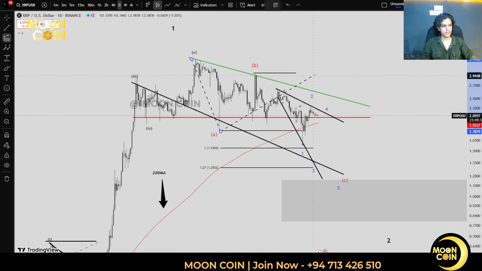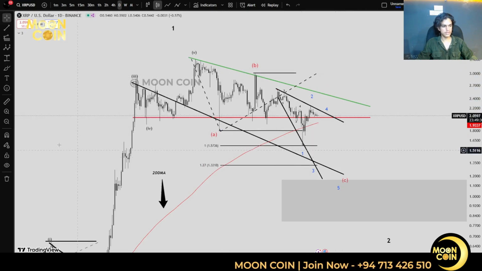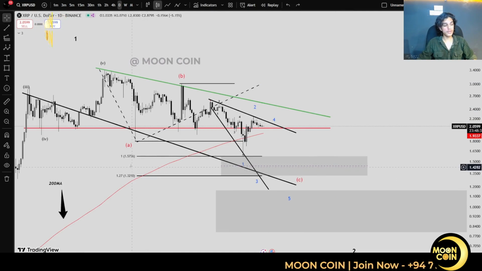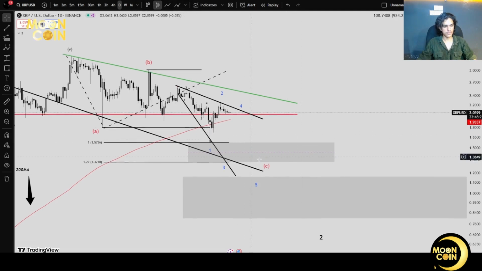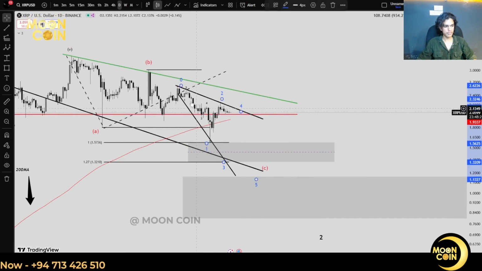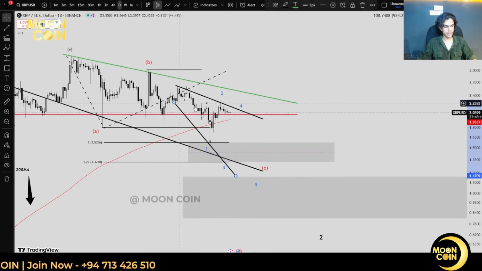It can reach this 1.27 fib level and this 1 level, where the C count is expected to reach. I'll consider this 1.27 as the maximum, and it can make this leading diagonal also, like this.